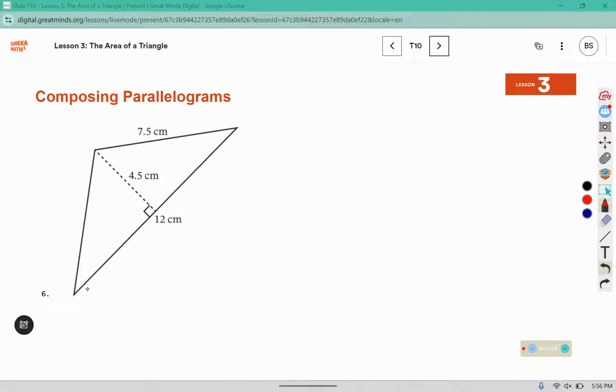Number 6, the base is 12. The height is 4.5. This 7.5 does not form a right angle with either 4.5 or 12. It is a diagonal measurement, which is not used as either the base or the height.